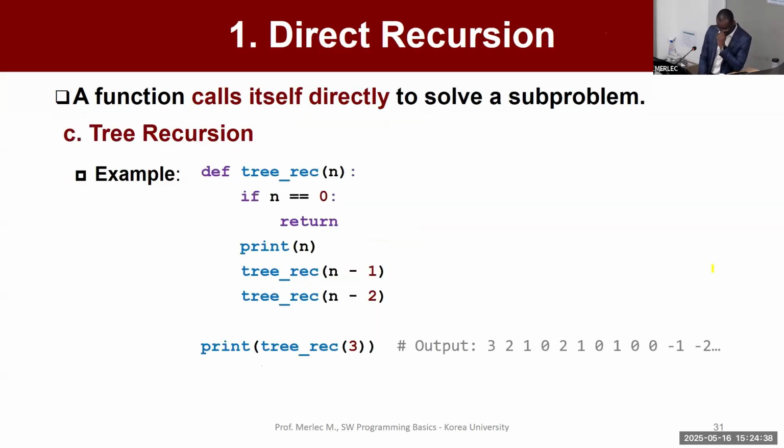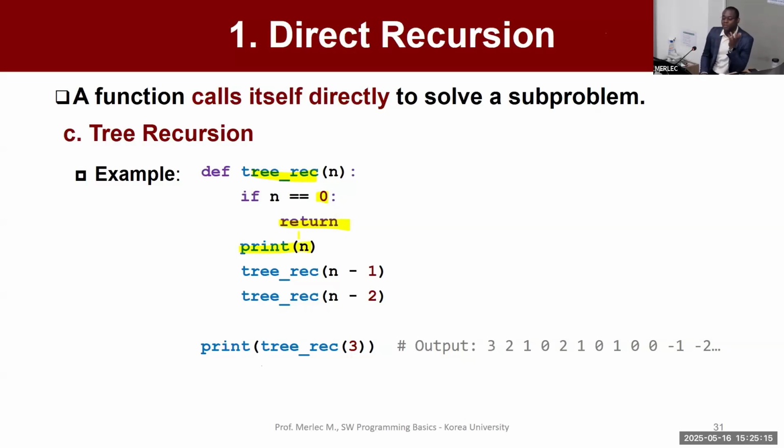As an example, to add to what we have seen earlier, we have here a tree_rec function, which is defined taking a parameter called n. When n is equal to 0, this will be the base case, it will return nothing. And if the base case is not met, we will process the remaining instructions or statements in the function.